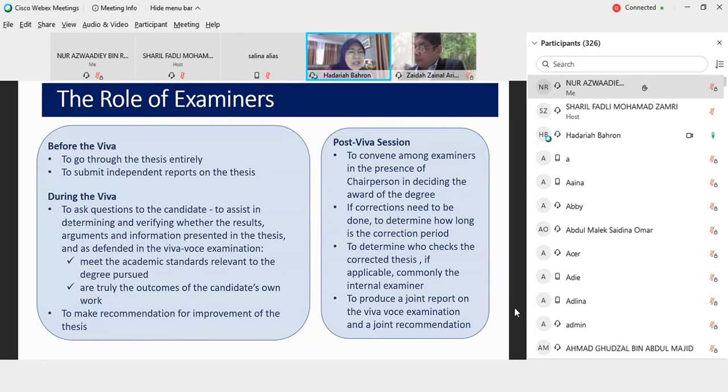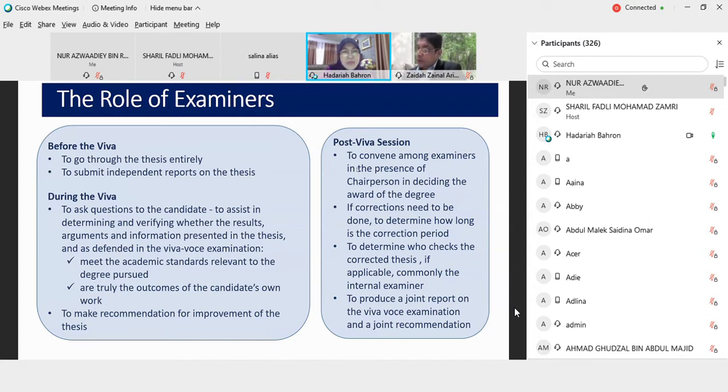During the Viva, the examiners will ask questions of the candidate, and assist in determining and verifying whether the results, arguments, and information presented in the thesis and as defended in the Viva-Voce examination meet the academic standard relevant to the degree pursued. They make sure that they are truly the outcome of the candidate's own work, and make recommendations for improvement of the thesis. That is during the Viva.